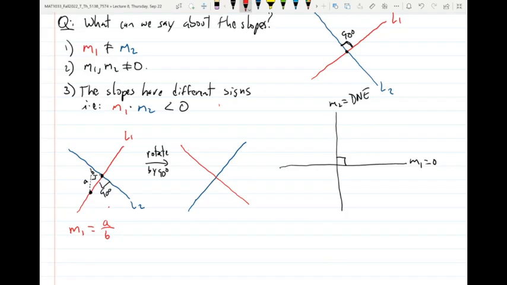They just change color. But still, this is now L2, and this is L1. In other words, what was red now becomes blue. The red takes the position of the blue, and the blue takes the position of the red when you rotate. It's the same picture, but this is still line 1 and this is still line 2. You understand this? The same line, you just change color, basically.